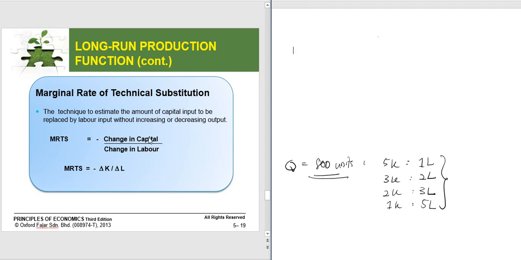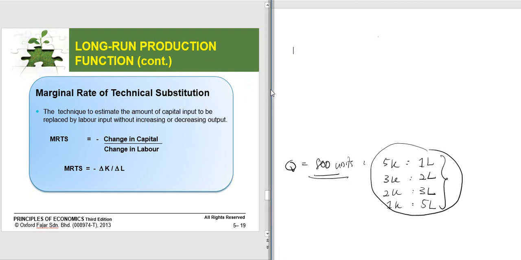Okay, so let's say if you use this example here. You can see that if you want to add more labor, you have to reduce a certain number of capital. So how to calculate the marginal rate of technical substitution in this case is, for example, the formula here is the change in capital divided by the change in labor.